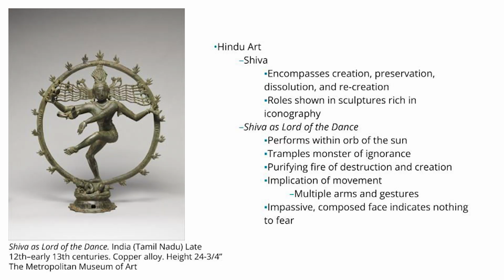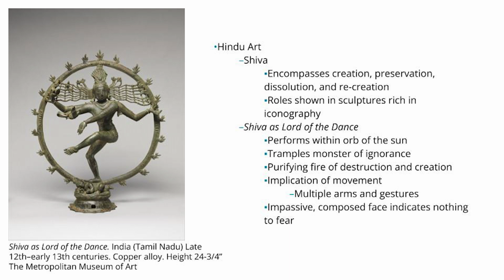Now let's talk about Shiva. Here's Shiva as the Lord of the Dance. He is very playful in this one. Shiva encompasses creation, preservation, dissolution, and recreation. And these roles are shown in sculptures that are rich in iconography. So there's a lot of symbolism in these sculptures.